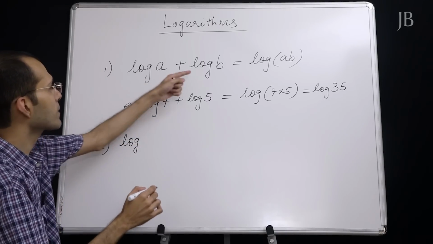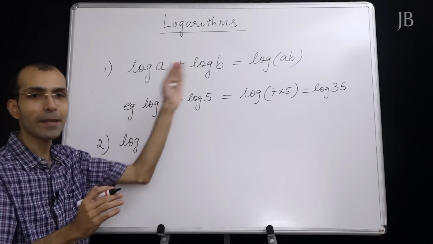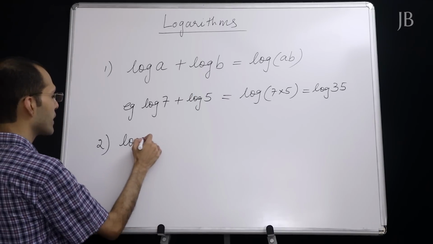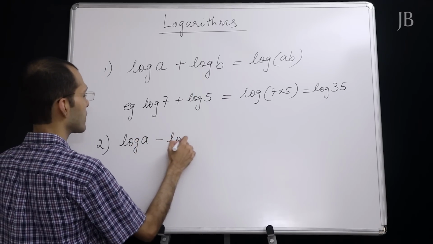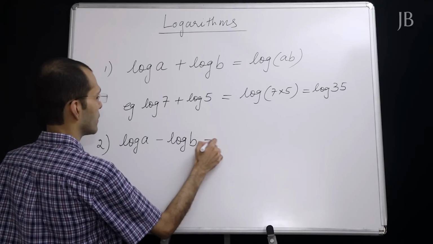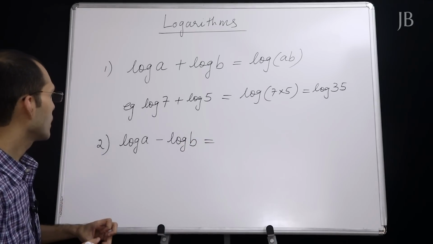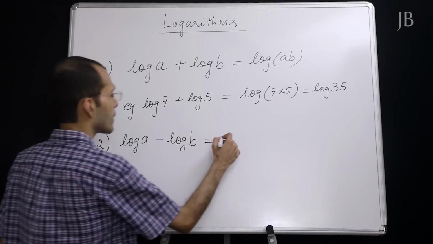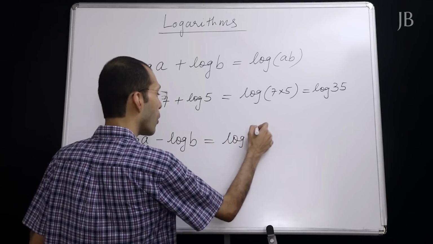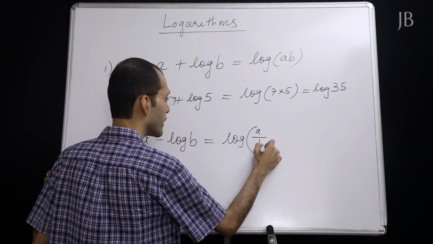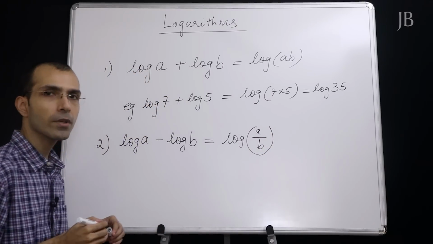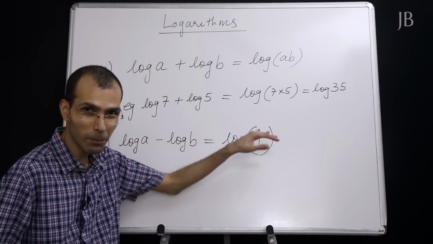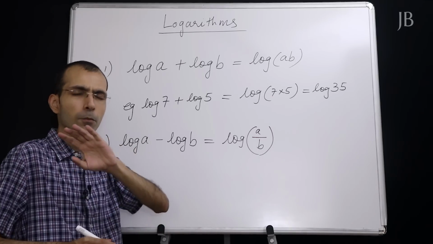So log A plus log B is log of AB. Now log A minus log B. This will be log of A by B. Mind you, it is not log A upon log B. This is the most common mistake.